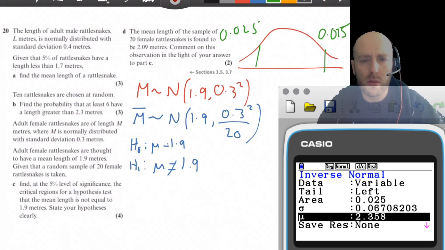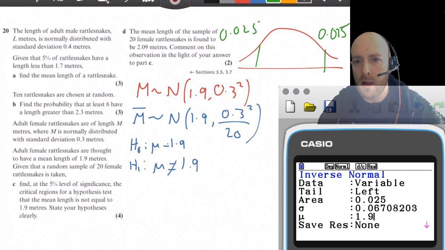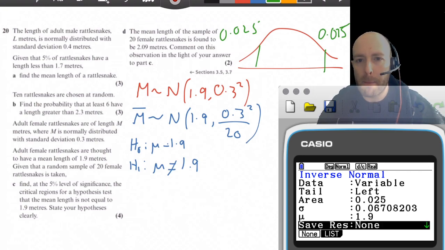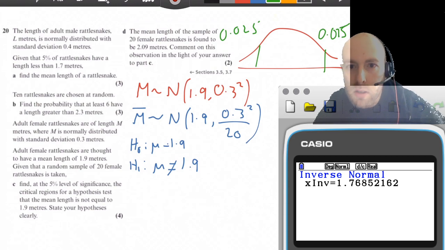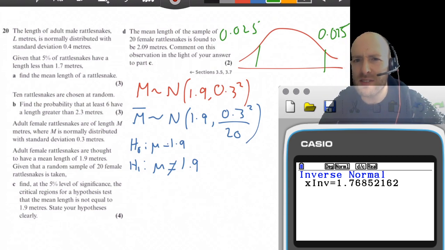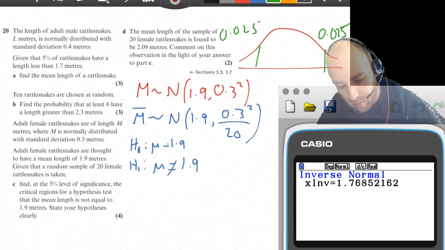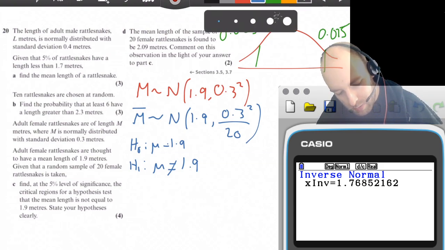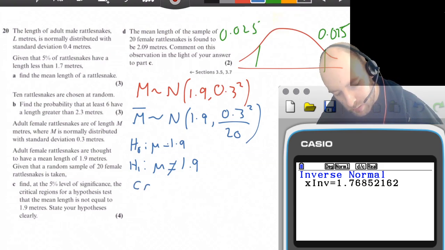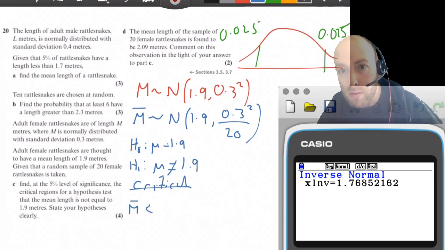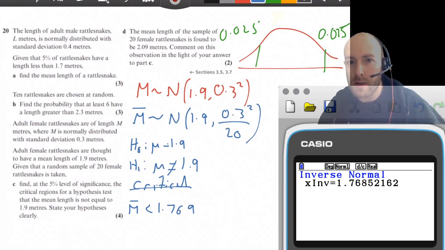And mu, what was mu again? 1.9, supposedly. Cool, do that. We get 1.769. So the critical regions: M is less than 1.769. And the upper region, change the tail.